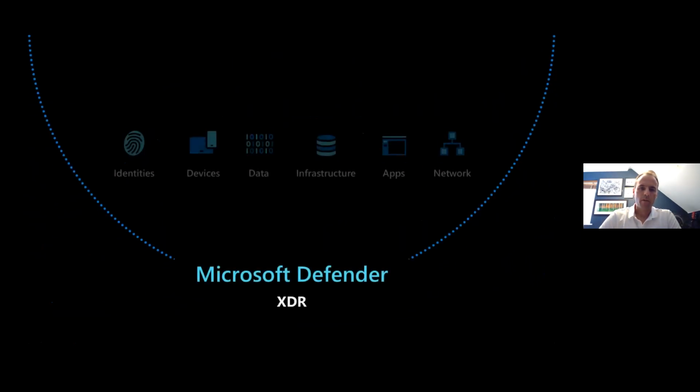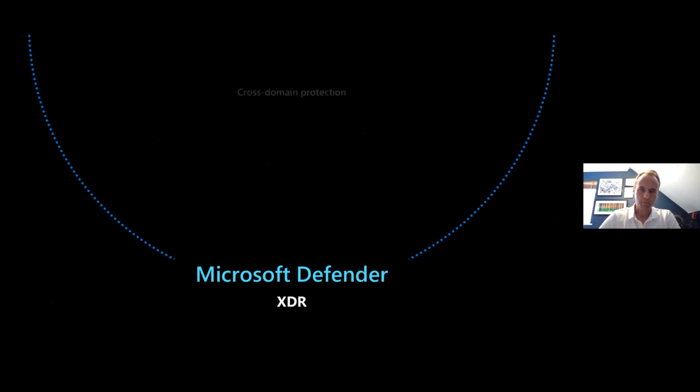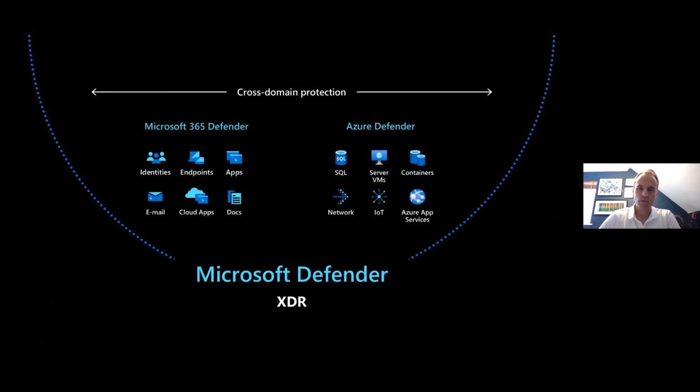And at the bottom we have Microsoft Defender. That's across both the modern workplace solutions like Microsoft 365, as well as across your infrastructure and cloud infrastructure in Azure and other clouds. So that's Microsoft's extended detection and response capabilities. And that's broken up into two suites: Microsoft 365 Defender, which we'll be talking about in more detail today, as well as the Azure Defender solution.